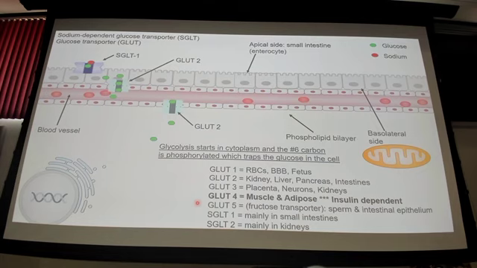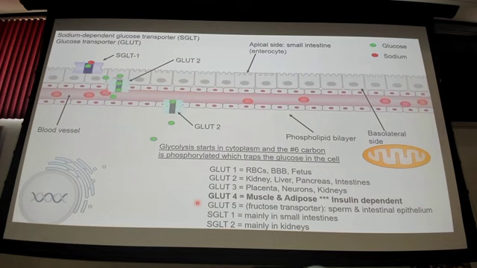So when insulin levels are high, GLUT4 transporters are going to insert into the cell membrane, causing glucose to enter the cell. And then what's going to trap glucose in the cell? Phosphorylation of that 6th carbon, right?